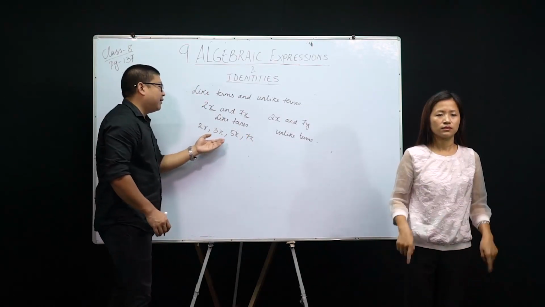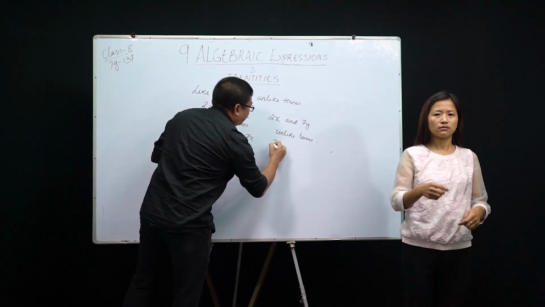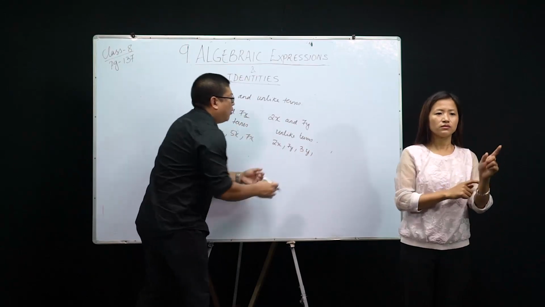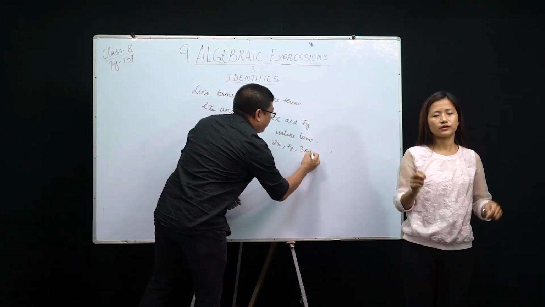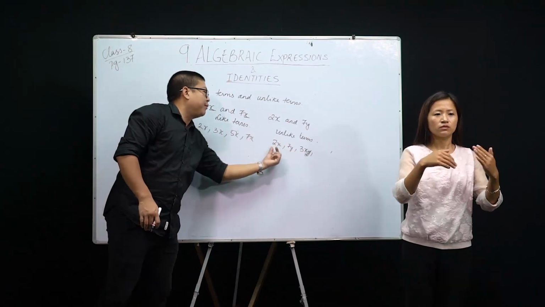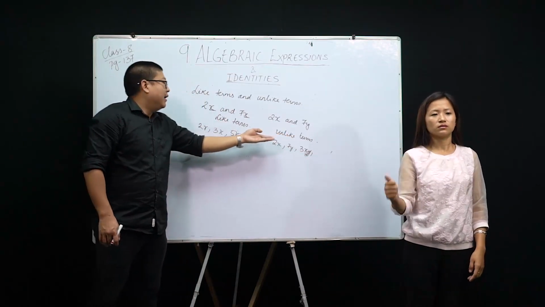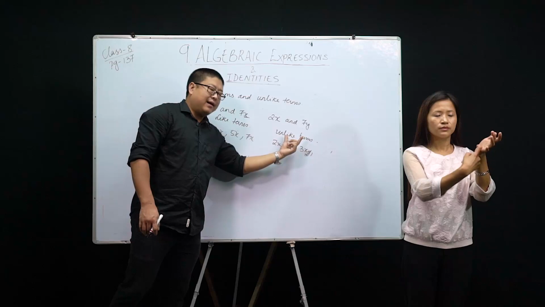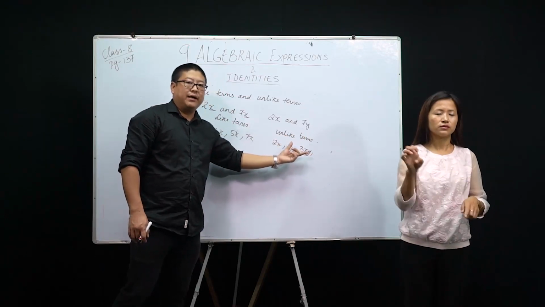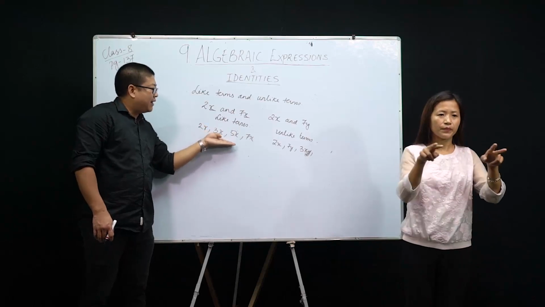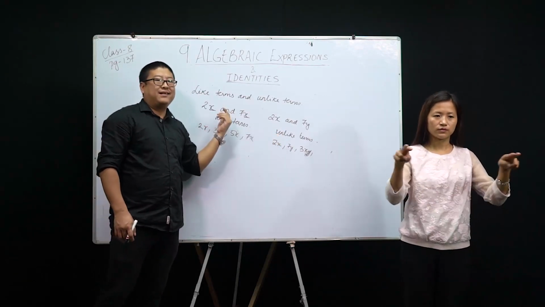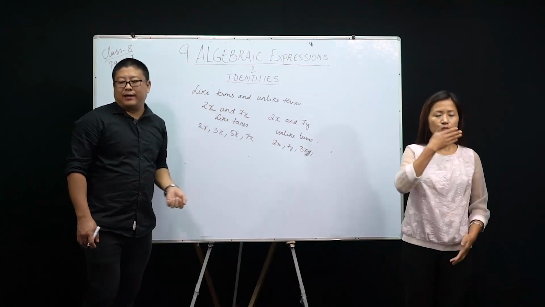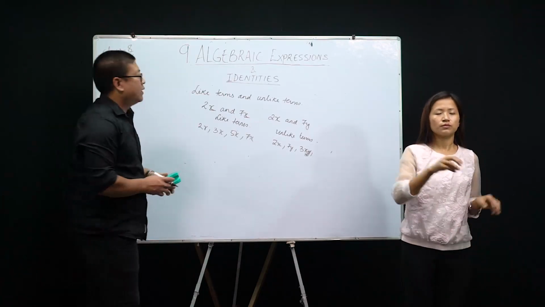Unlike terms can be 2x, 7y, 3y, 3xy; all these terms are different from each other, so they are unlike terms. Like terms simply means same, common variables, and unlike terms means different variables. So this is the difference. Like terms and unlike terms, we'll be coming across in the exercise. You will understand better as we do the exercises. So let's move on to the next topic.